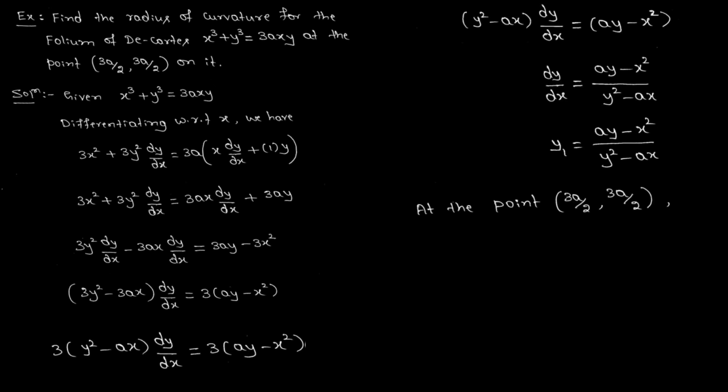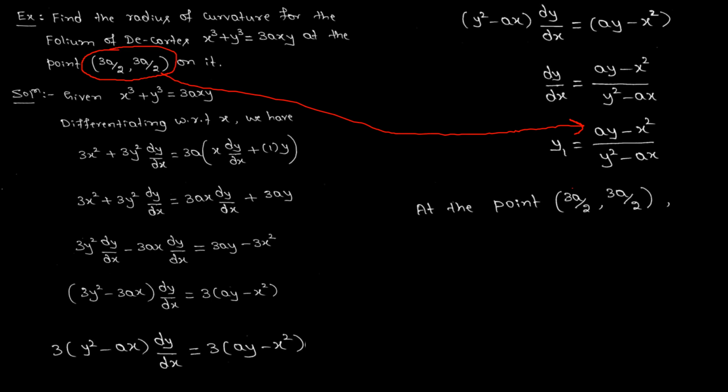Since we want the value of y1 at the given point, the point is 3a by 2 comma 3a by 2. Let us substitute the point in the places of x and y in y1.